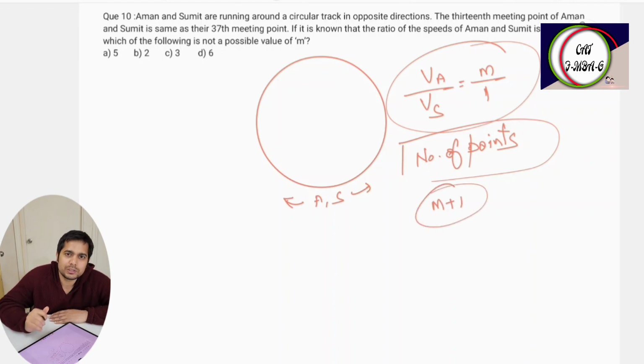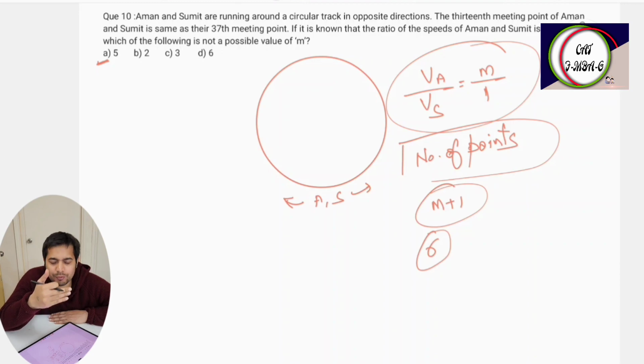Let us go from the options itself. Let us say m is 5. So the number of points will be 5 plus 1, which is 6. At 6 different points they are going to meet.